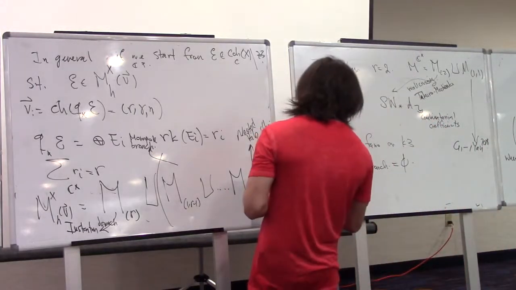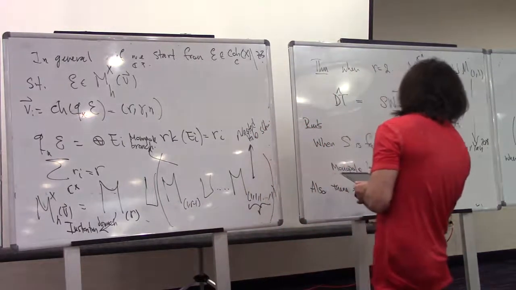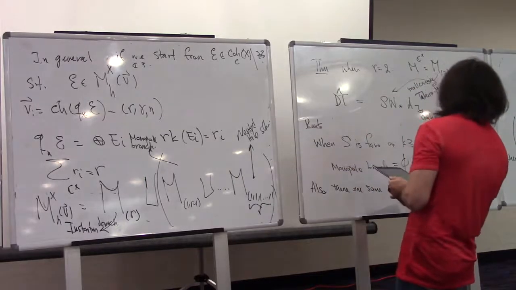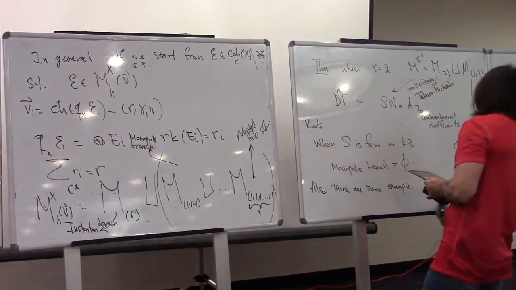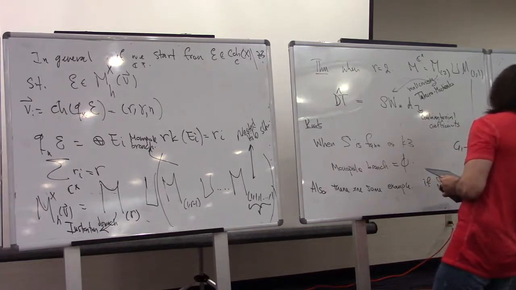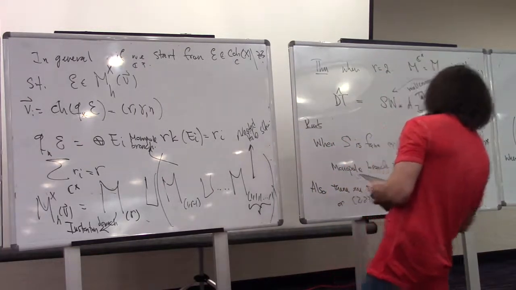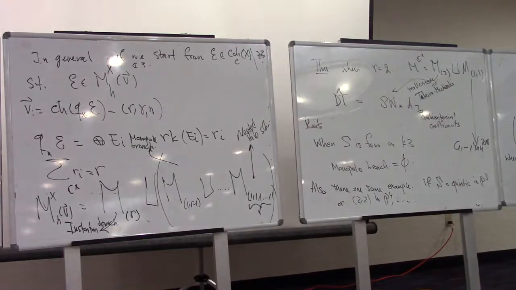Also, there are some examples. For example, if S is a quintic surface in P3, or some complete intersection of type 2,2 in P4, and there are some more examples that we calculated. If these are the cases, then you can use some argument, and you will see that twisting by these divisors, they cancel each other.